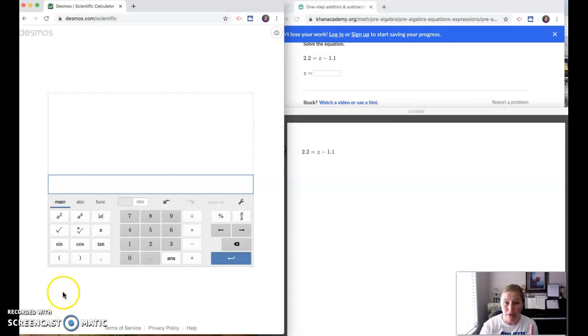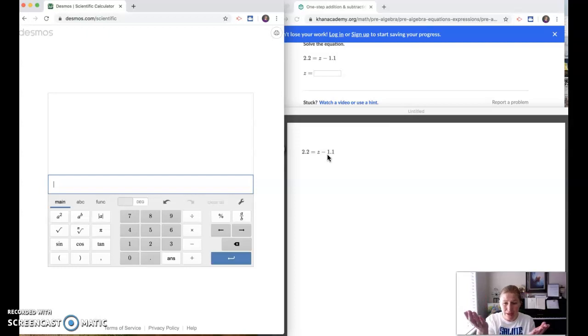Look for the letter, and the letter in this one is Z. Now we're going to find out what's happening to Z. It's being subtracted by 1.1. So I'm going to do the opposite of subtract 1.1, and I'm going to add 1.1 to this side.